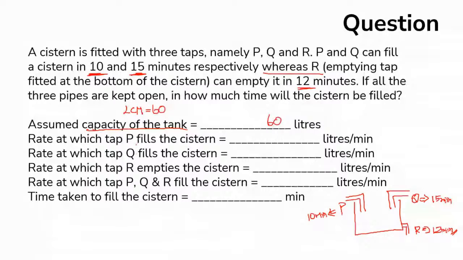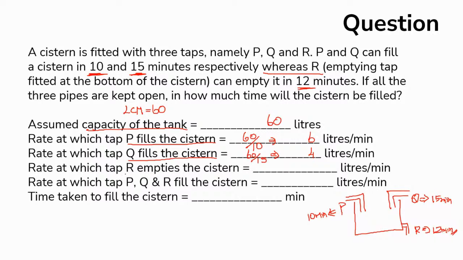The rate at which P fills the cistern is 60 divided by 10 minutes, which gives 6 liters per minute. The rate at which Q fills the cistern is 60 liters divided by 15 minutes, which is 4 liters per minute.